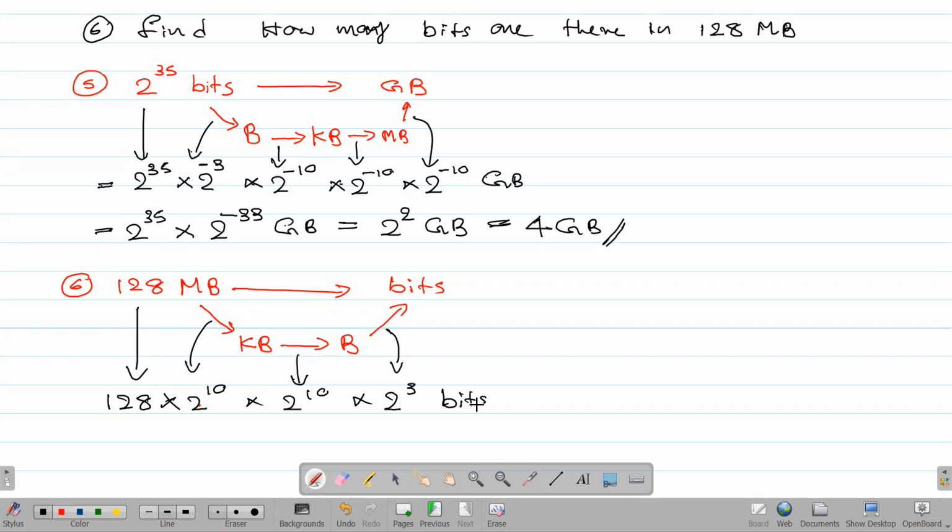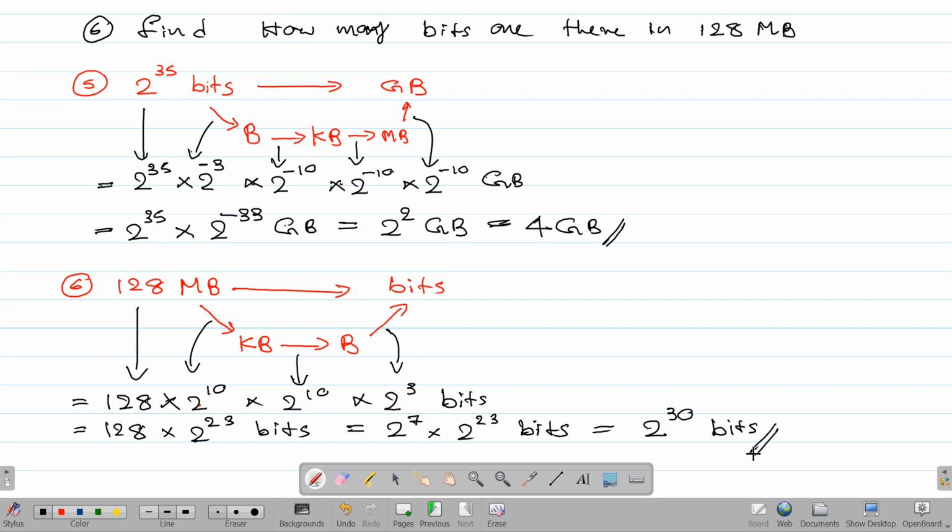So it comes to bits, which means 128 into 2 to the power 23 bits. 128 can be taken as 2 to the power 7 into 2 to the power 23 bits, which means 2 to the power 30 bits can be taken as a single answer. Right? So that is the way that you are going to have the answer for the fifth and the sixth.